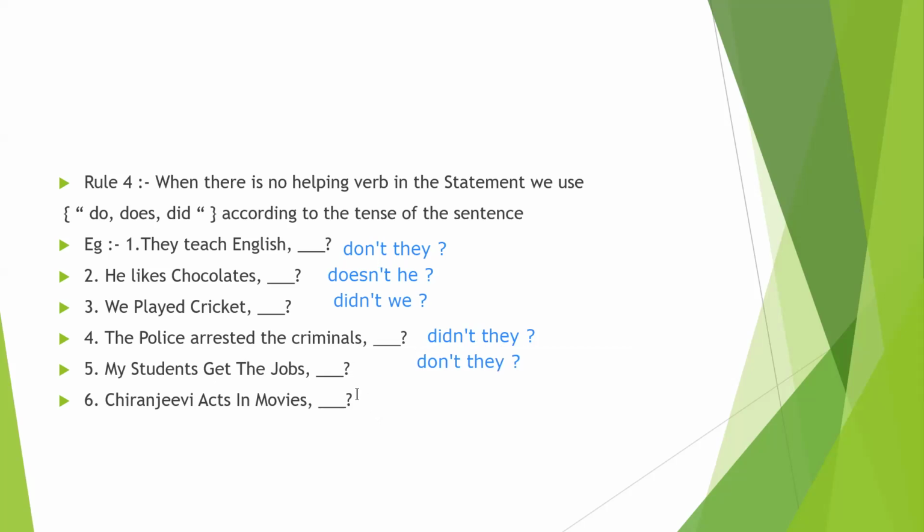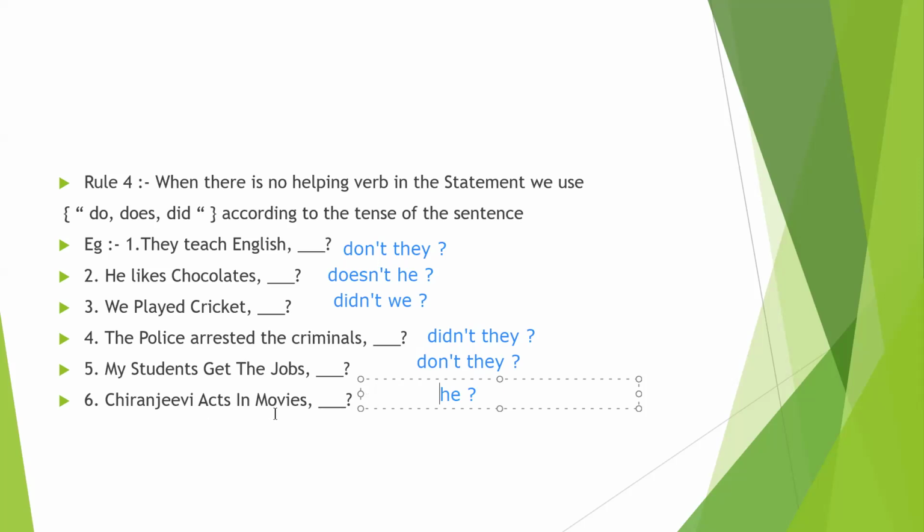Now let's see the sixth one. Chiranjeevi acts in movies. Here Chiranjeevi means he. There we write the question mark. Now we see whether the statement is positive or negative.